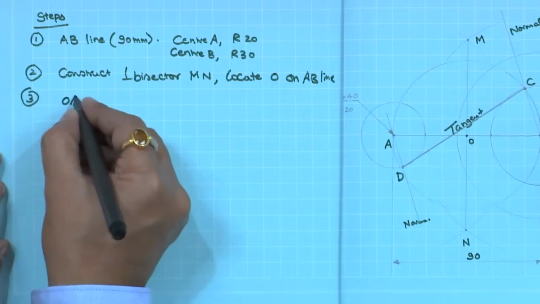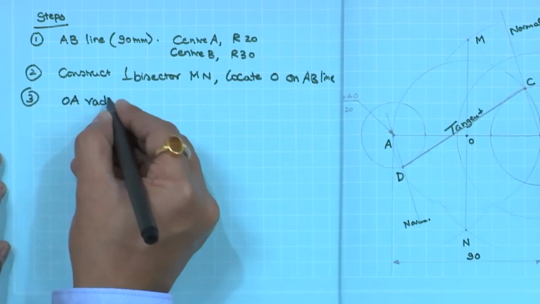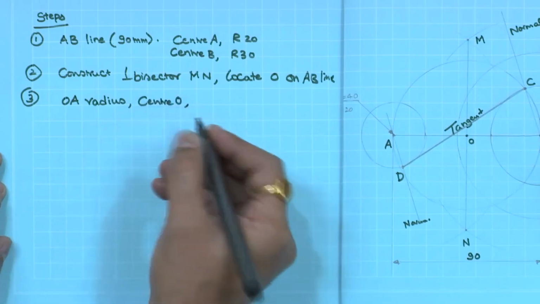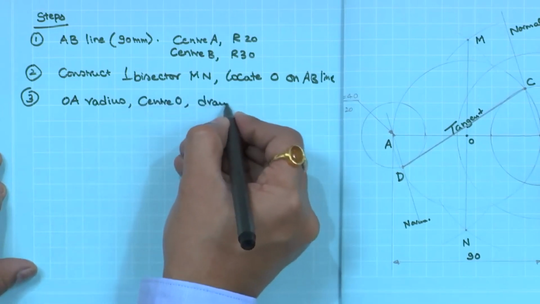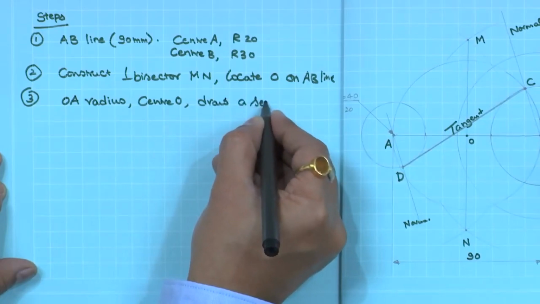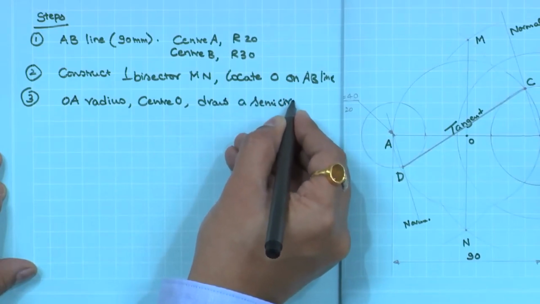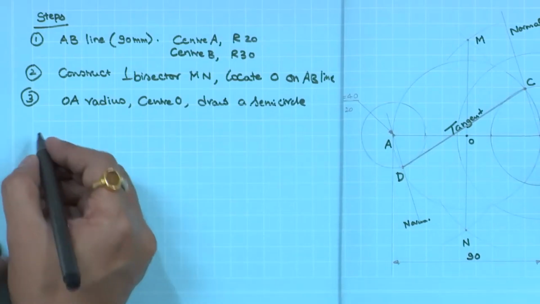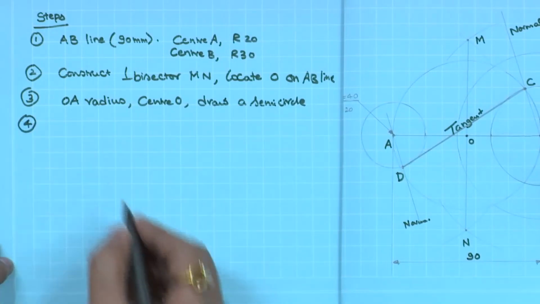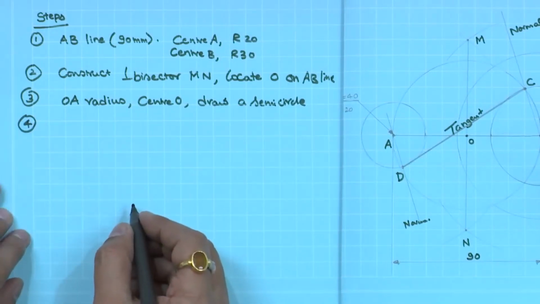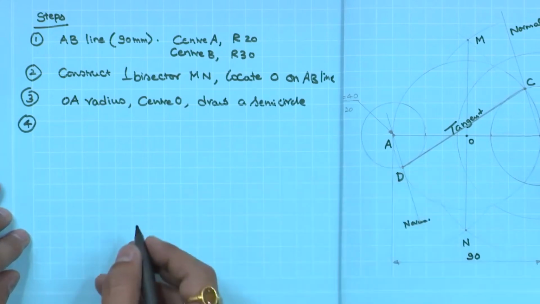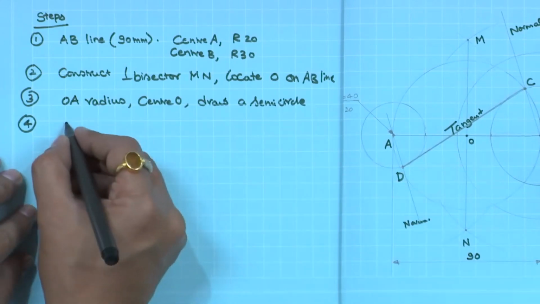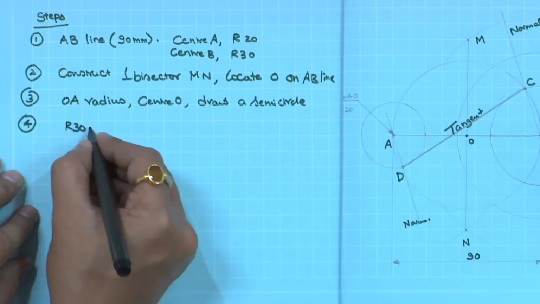Then with OA as radius, center as O, draw a semicircle passing through A and B. Because we want to draw interior tangents passing through C and D on opposite sides of the circle, we have to use R 30 plus R 20.